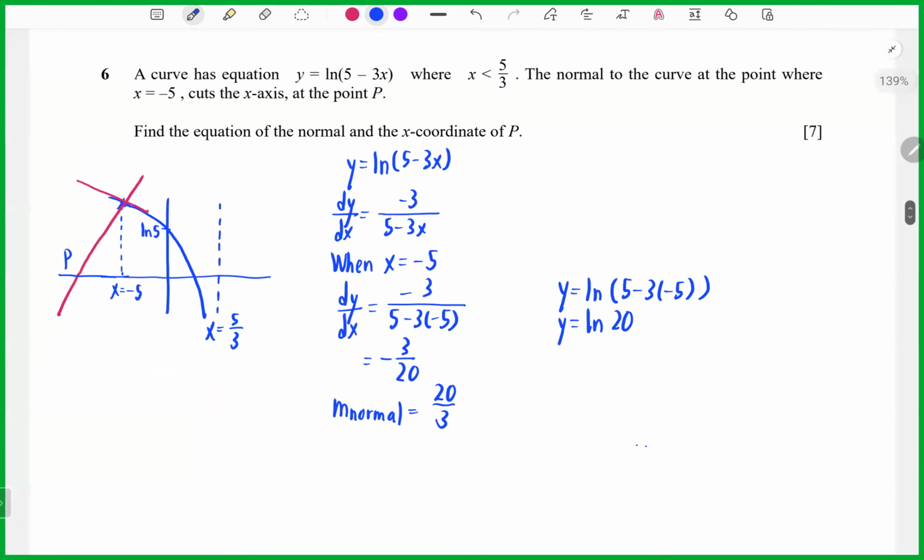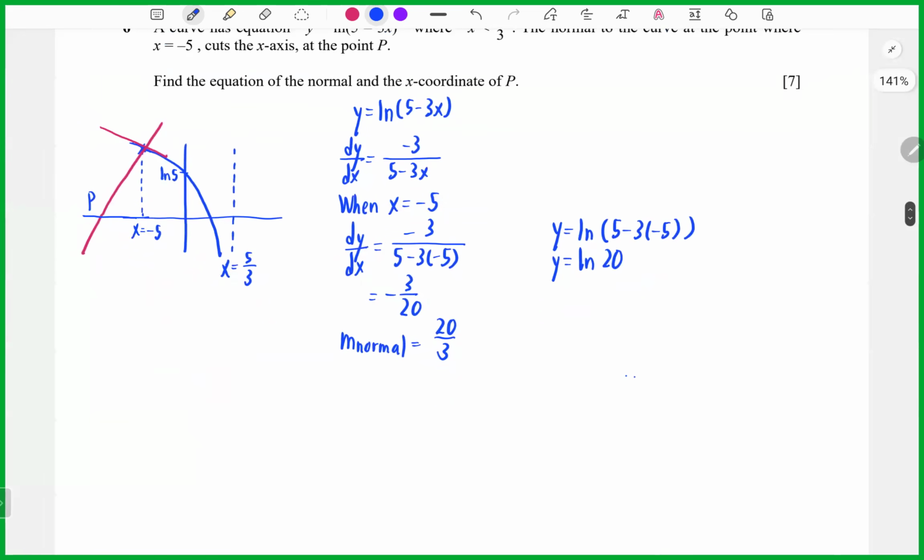Okay, so you can form the equation y minus y1 equals to m bracket x minus x1. So y minus ln 20 equals to 20 over 3 bracket x plus 5.